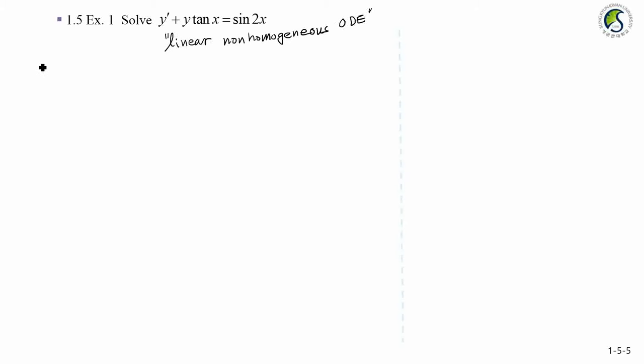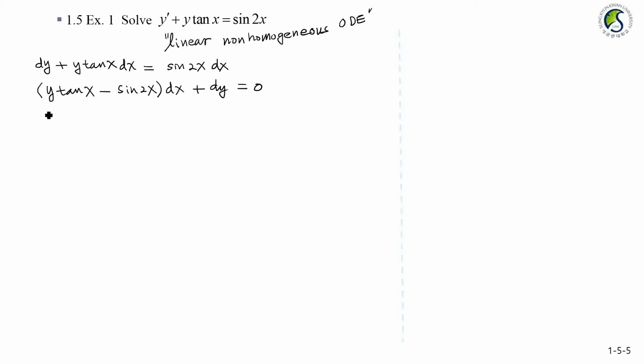So if you rewrite it, it's dy plus y times tangent x dx equals sine 2x dx. Then you factor dx out: y tangent x minus sine 2x dx plus dy is 0.